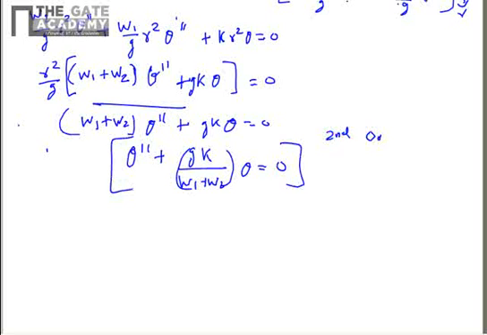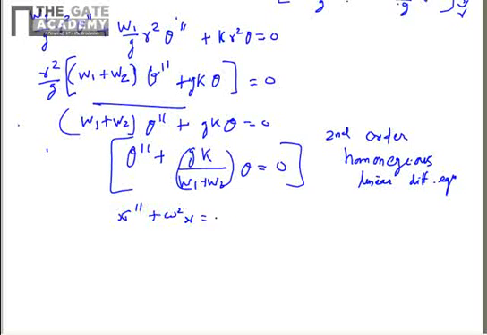So this is a second order homogeneous linear differential equation, and this is what we get for a simple harmonic motion. So the equation is x double dash plus omega square x equal to 0, and hence, by equating these two equations, you will get omega is equal to square root of gk divided by W1 plus W2.